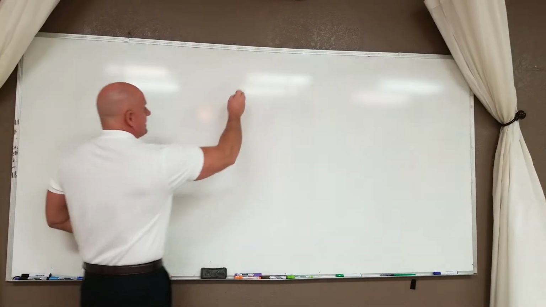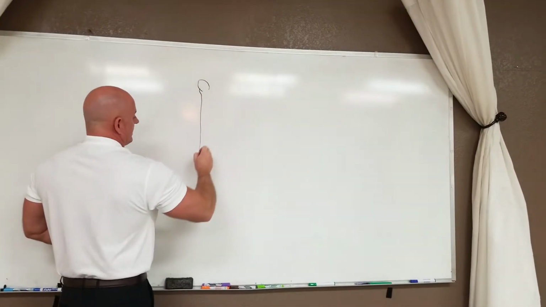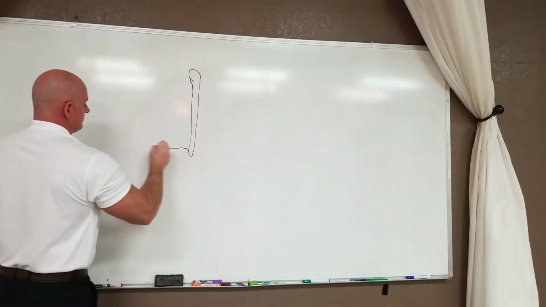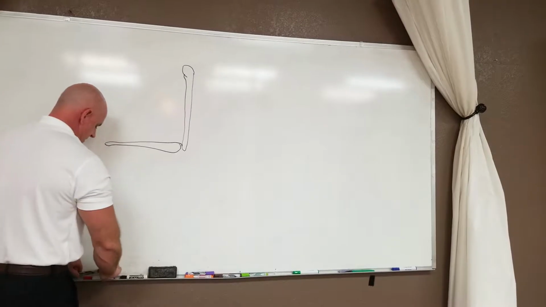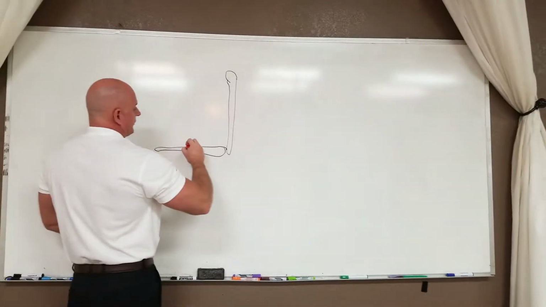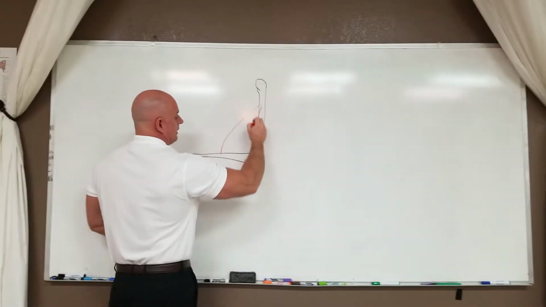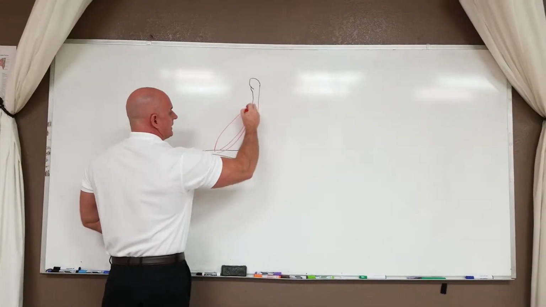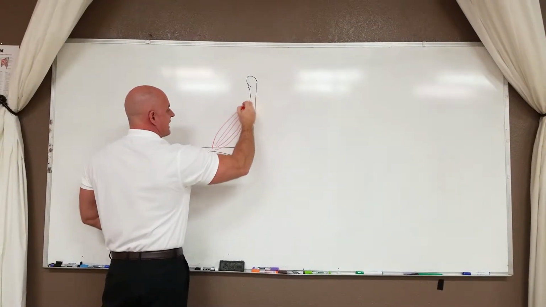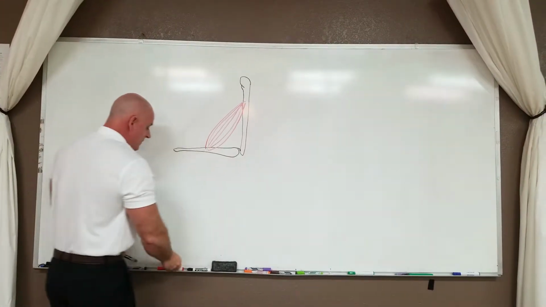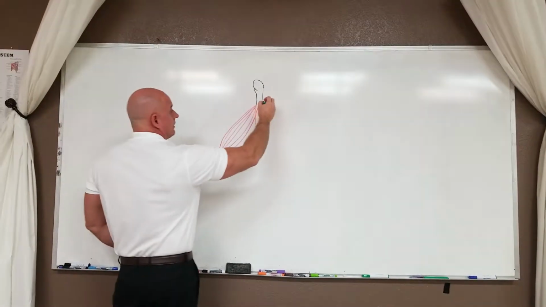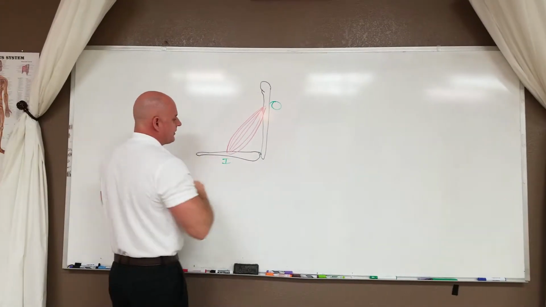All right, so in this example, let's just draw a bone right here. All right, and let's say that our muscle is here. We've got to have our striations. That also helps us understand how the line of pull may be. But with every muscle, we know that we have to have an origin and an insertion.